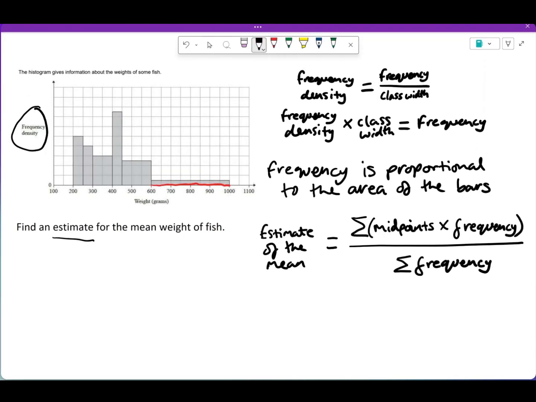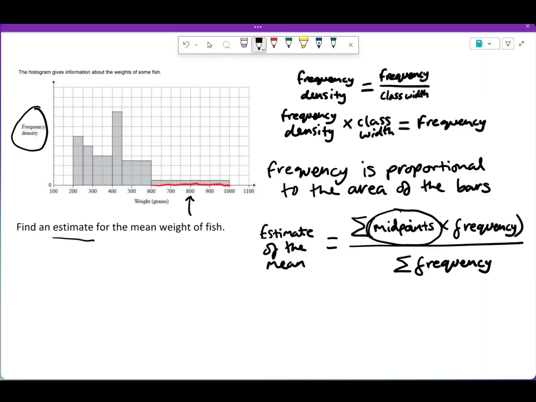Now, the reason we're using the midpoints is because we don't know any of the specific weights of the fish. So for each class, we need to pick a value to represent them, and the midpoint makes most sense. And the reason we're going to multiply the midpoints by the frequency is, for example, if we take our 600 to 1000 bar, if we're using our midpoint 800, we're assuming all the fish in that bar weigh 800.